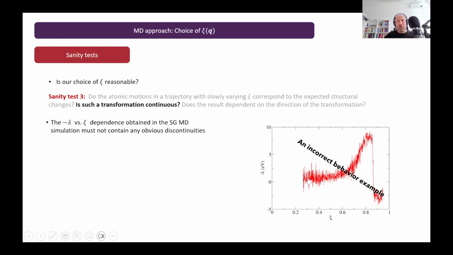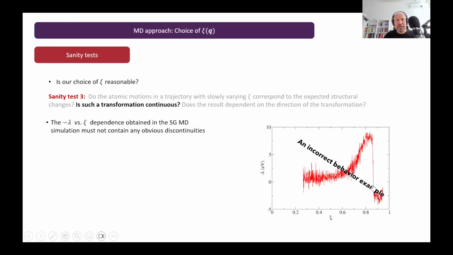Okay, so first of all, the profile that we obtain, lambda versus xi, should be a continuous function, should the transformation be reversible, of course. I intentionally start with a bad behavior example. If you see something like that, the forces increase and suddenly something cracks and we change even the sign from large positive to large negative, this is a discontinuity. This is how it looks.